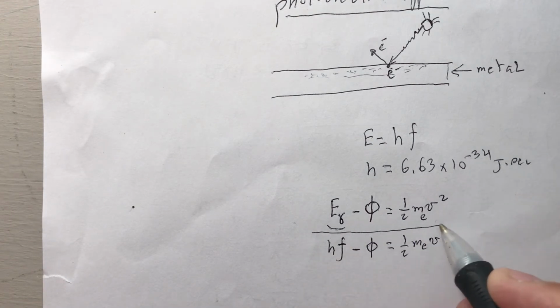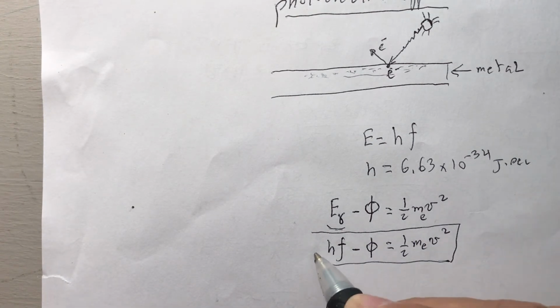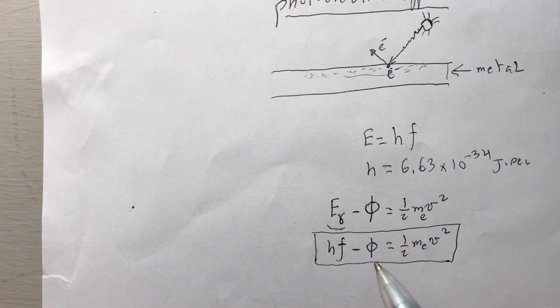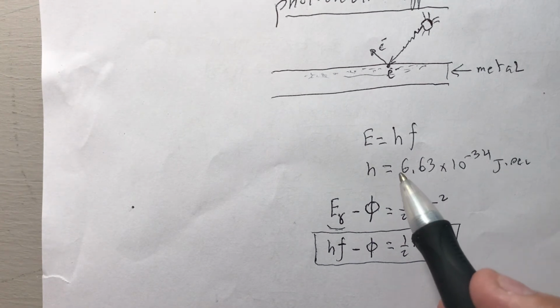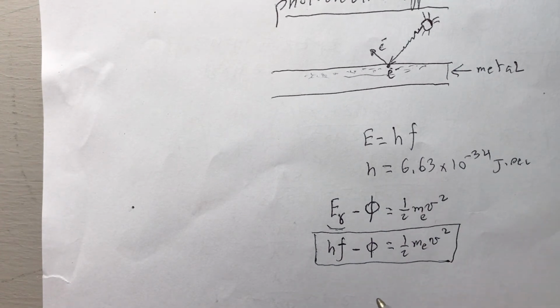Here is the equation for the photoelectric effect. If you know the binding energy and the frequency of the light coming in, you will know the velocity of the electron leaving the metal.